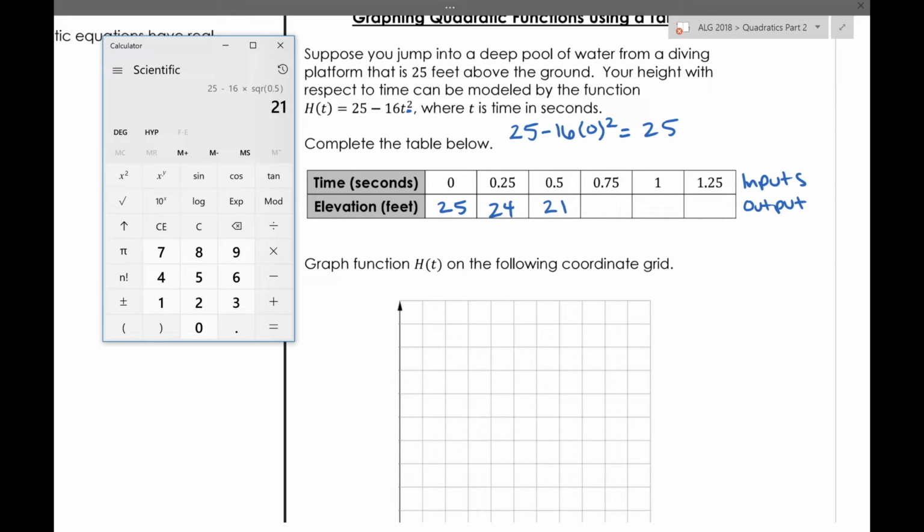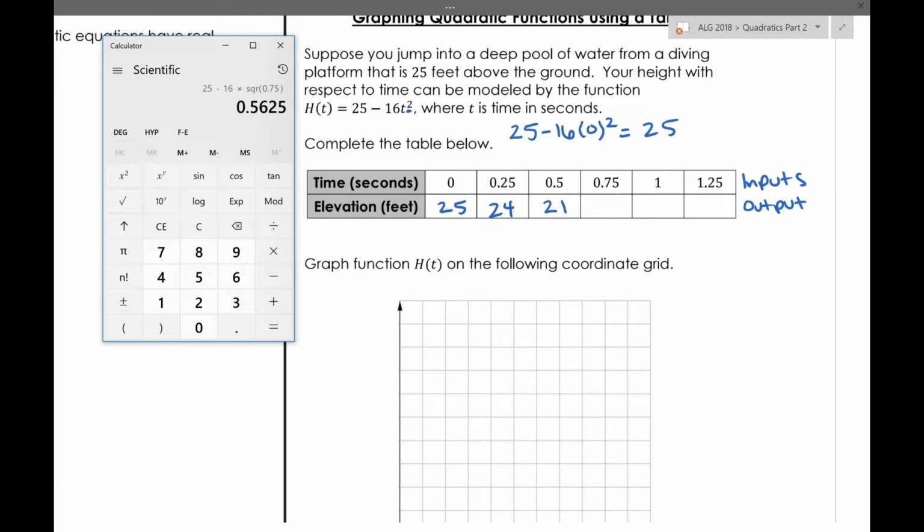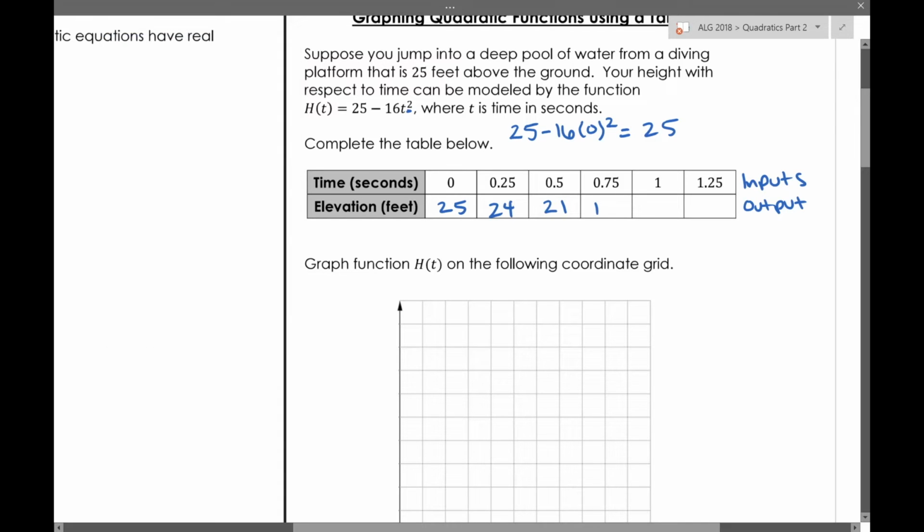Next one is going to be 25 minus 16 times 0.75 squared. That didn't come out correctly. Let's try that again. 25 minus 16 times 0.75 squared. And that number should be 16.